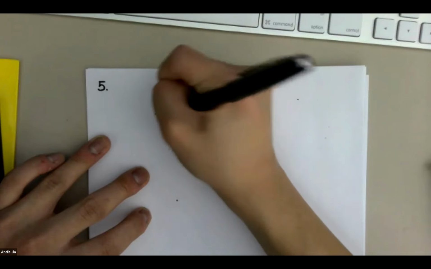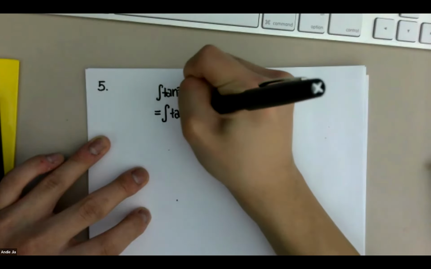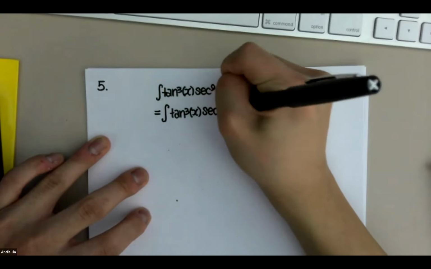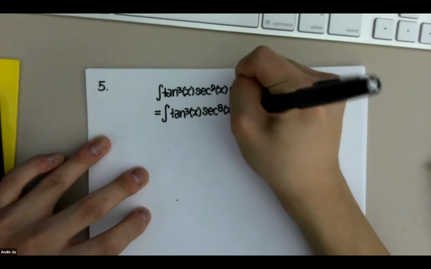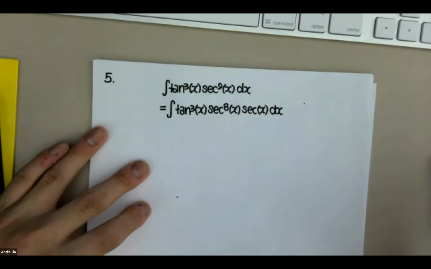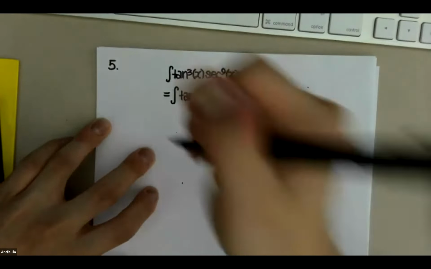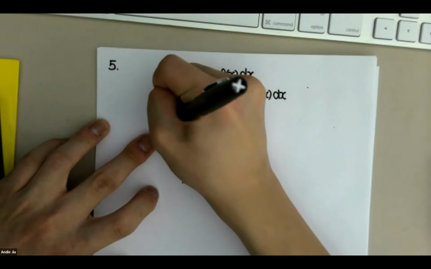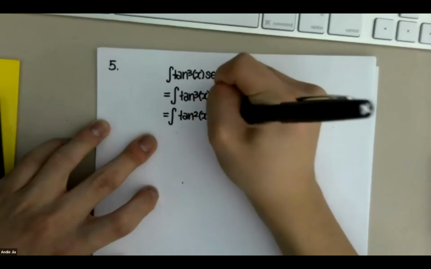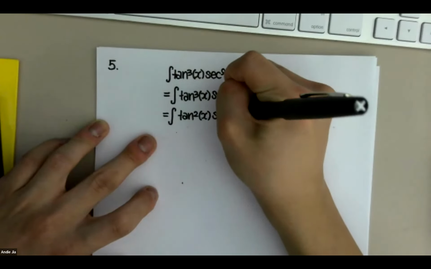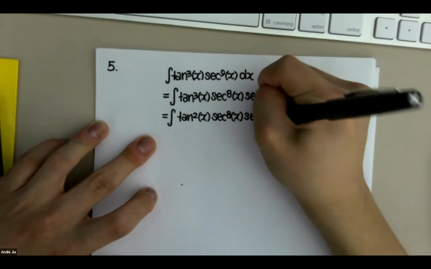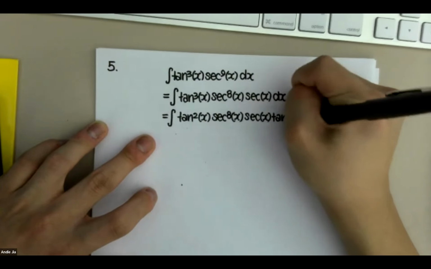So we'll have tangent squared of x, and then we just factor one secant out, and one tangent. Secant to the 8, secant and tangent of x.